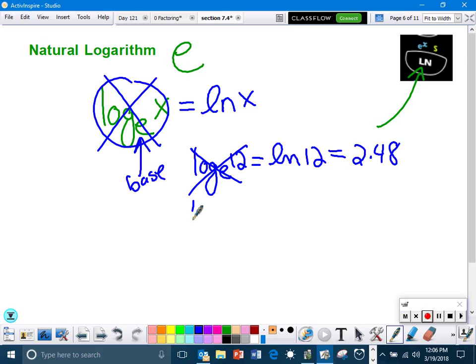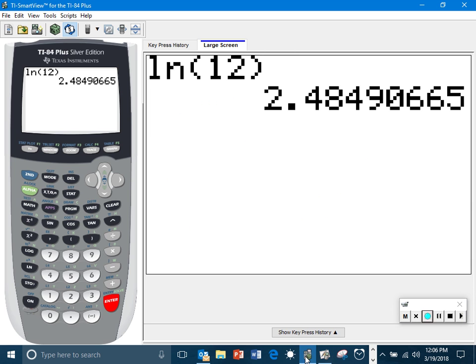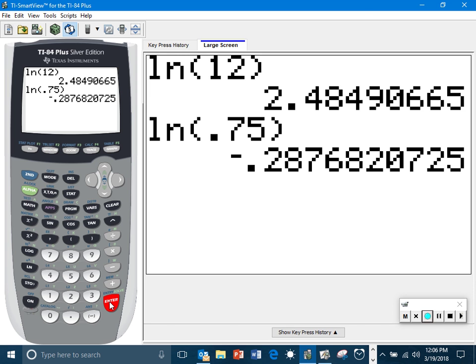Okay, so if you saw log e 0.75, that's natural log 0.75. Go ahead and type that in. So negative 0.288, we'll round it.